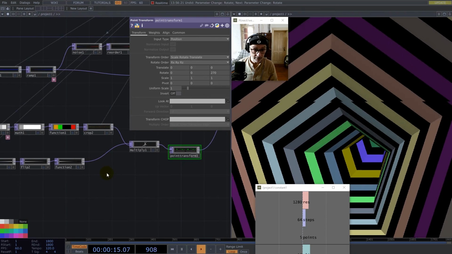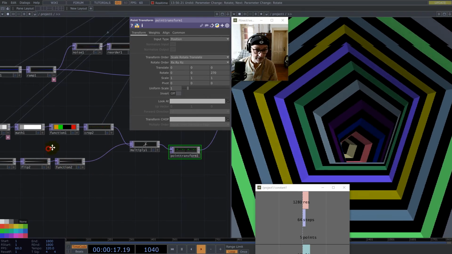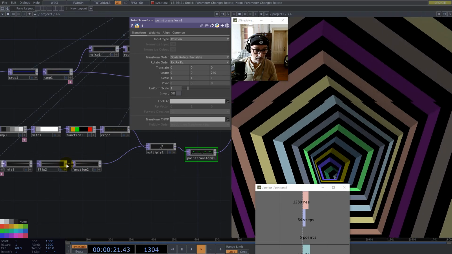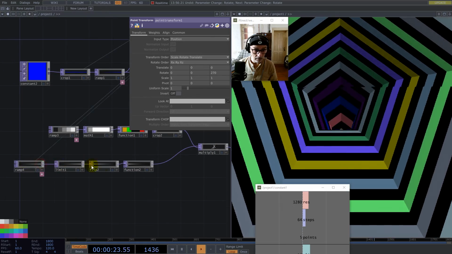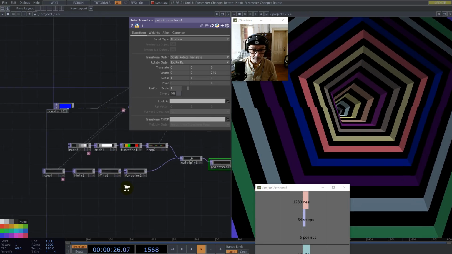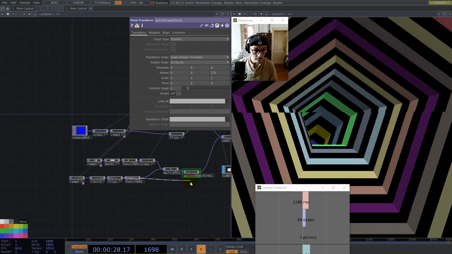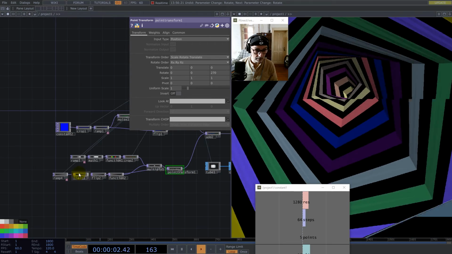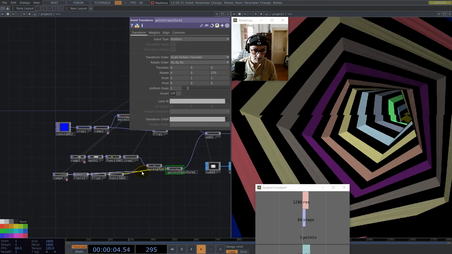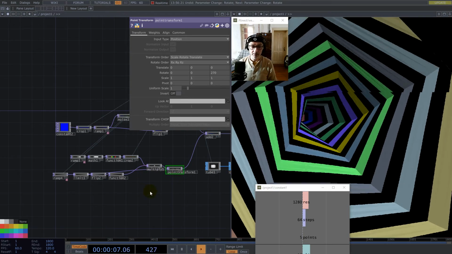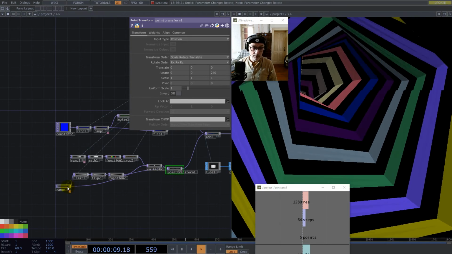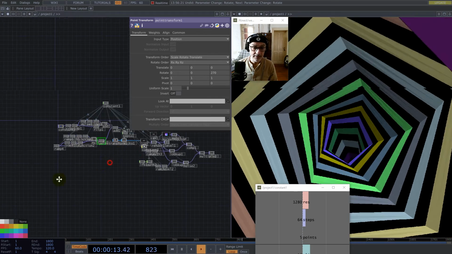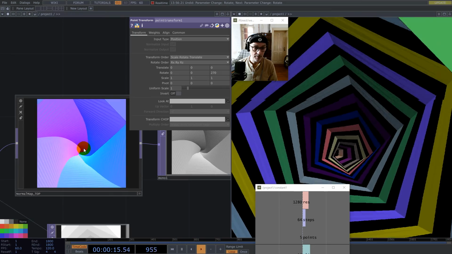So for that, let's see. I want some, we'll go like this. No, it's the other one, this ramp. No, okay, now it's good. Because of this rotation, okay, the edges in the normals are much more visible, okay.